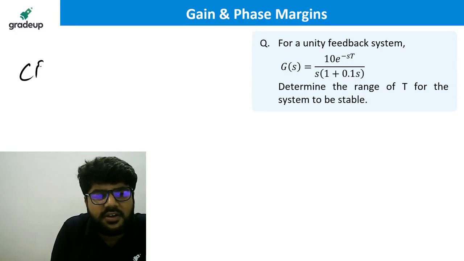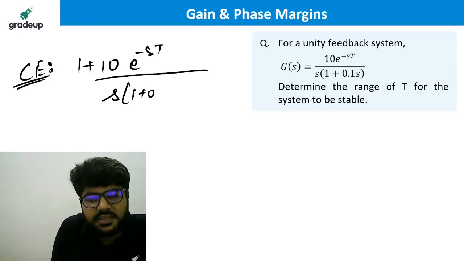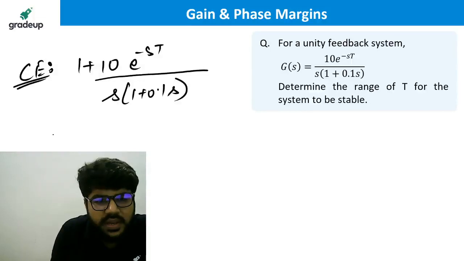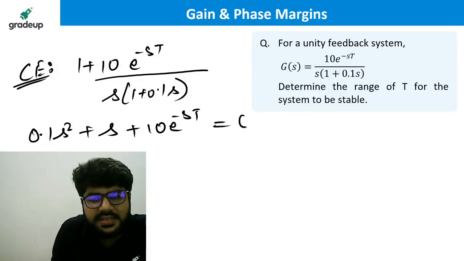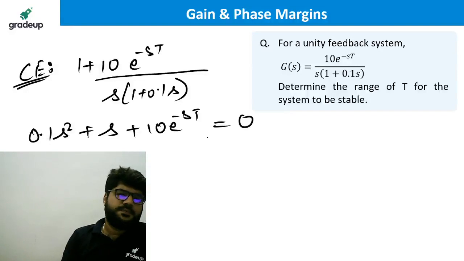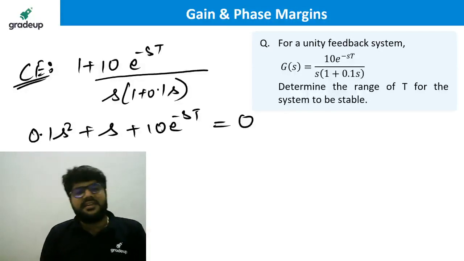If I talk about the characteristic equation, understand, it is 10 e power minus st divided by s(1 plus 0.1 s), and expanding you get 0.1 s square plus s plus 10 e power minus st equal to 0. Now, should I apply the RH criterion here?